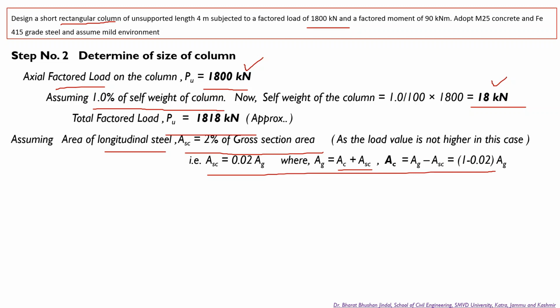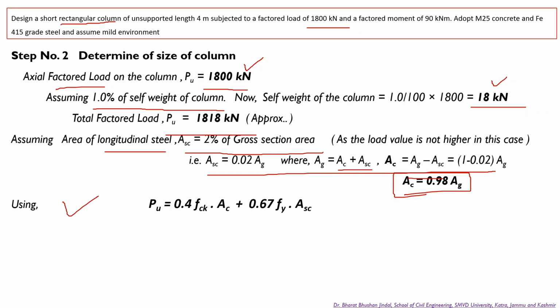Rearranging, AC can be calculated by subtracting ASC from AG, so AC is equal to (1 minus 0.02) AG. That means the area of concrete in the section will be 98% of the gross area of the section. We can use this formula as we generally use it in the case of a short column, and here we are going to design a short column.